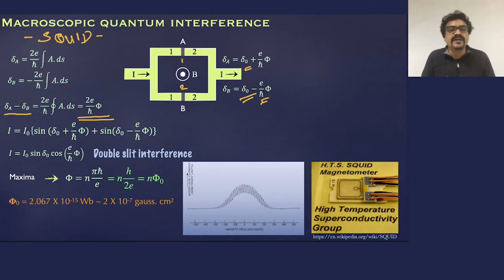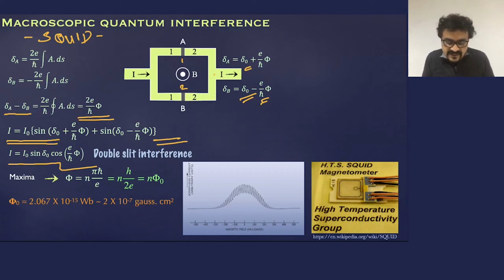Okay, and the current is a function of this phase difference. Because you have two paths, they can interfere at this point, and the overall current will be the sum of these two. You can simplify this, and you get a formula which looks like this: I0 sine delta 0 cos(e by h bar into phi).